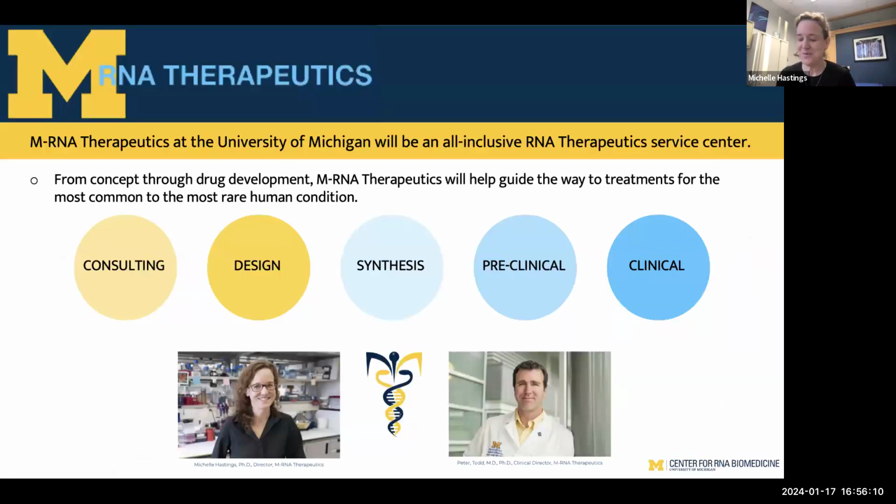In my last 1 minute, Matt said in the beginning, I came here to the University of Michigan to help create this RNA Therapeutics center.